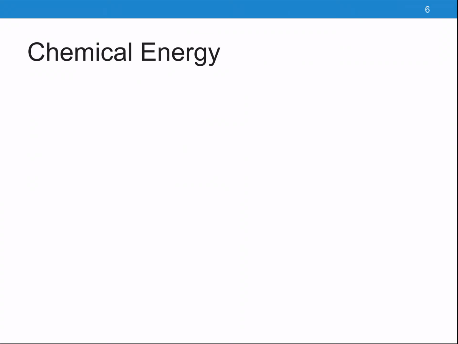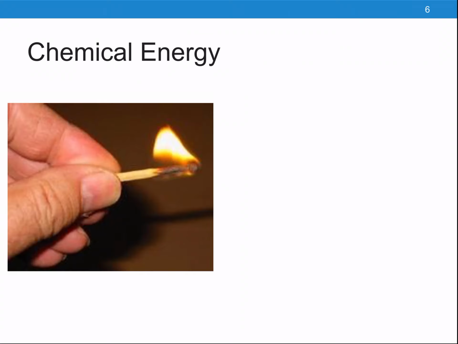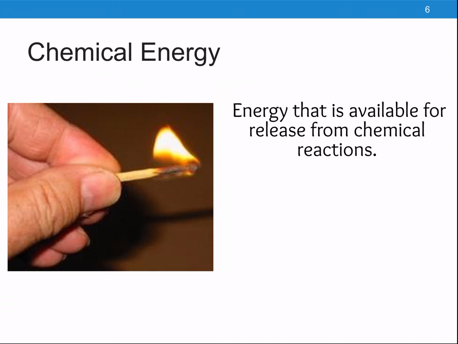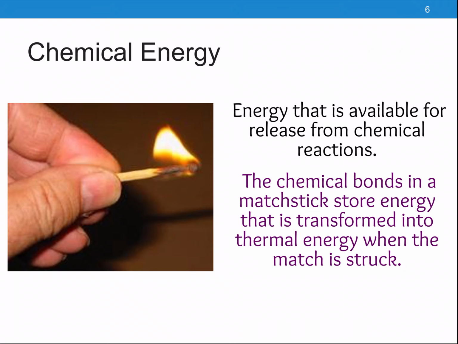Chemical energy. So this isn't just energy in a lab. It is energy really anywhere almost. Chemical energy is released from chemical reactions. So that can be from striking a match to eating something to burning any type of thing.